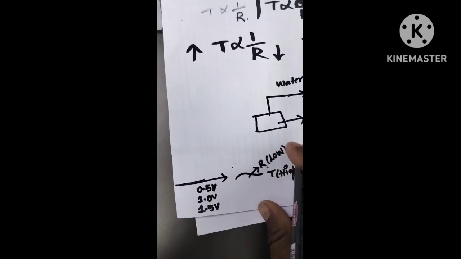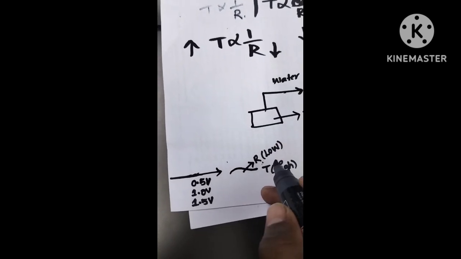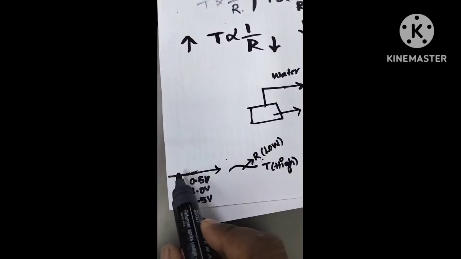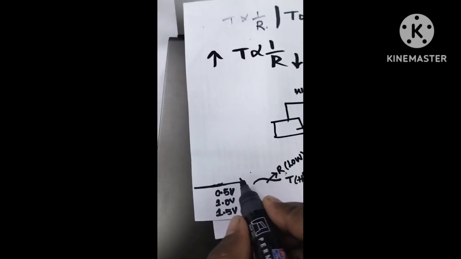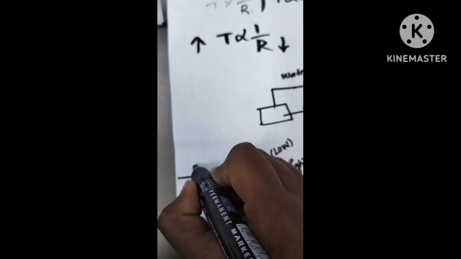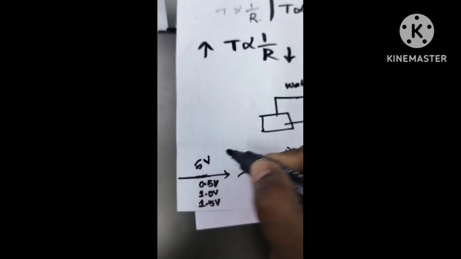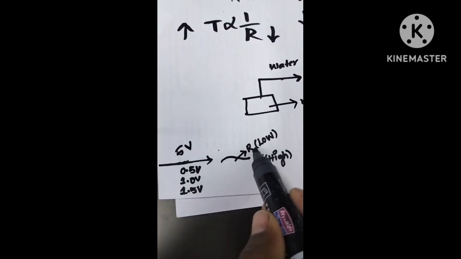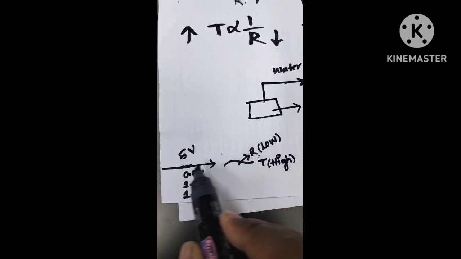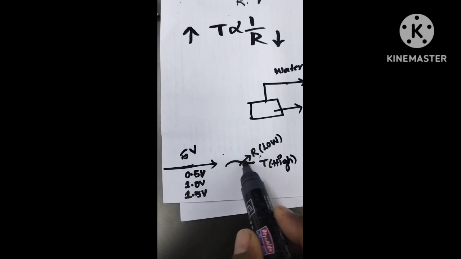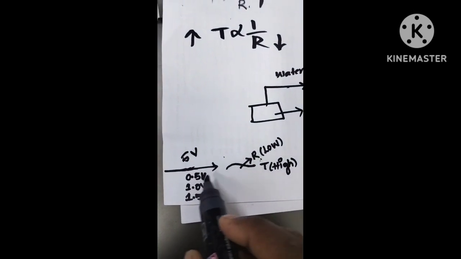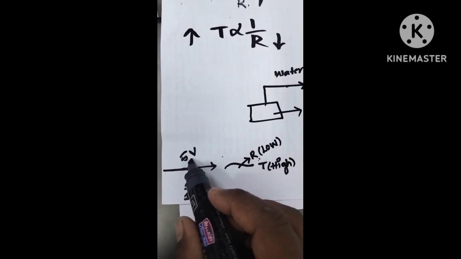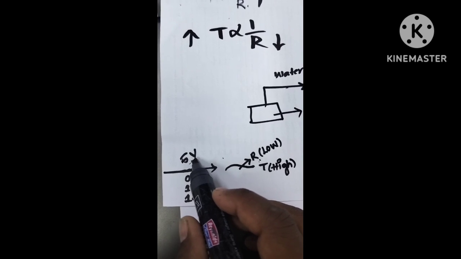When the resistance is low, there is flow of electrons, in the sense flow of current. When there is flow of current, there will be voltage drop. This 5 volt does not remain at the 5 volt level, it drops. You need to know that when there is flow of current, there will be voltage drop.